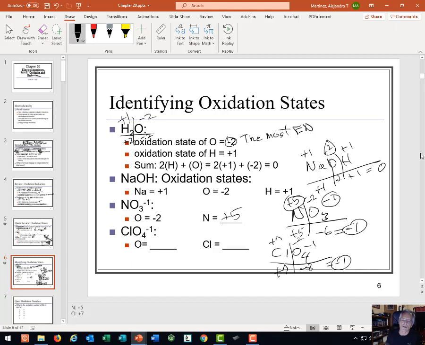And so there we go. We've got an oxidation state for chlorine in perchlorate of +7, which it's not very happy about, to be honest. Chlorine would much rather be -1.